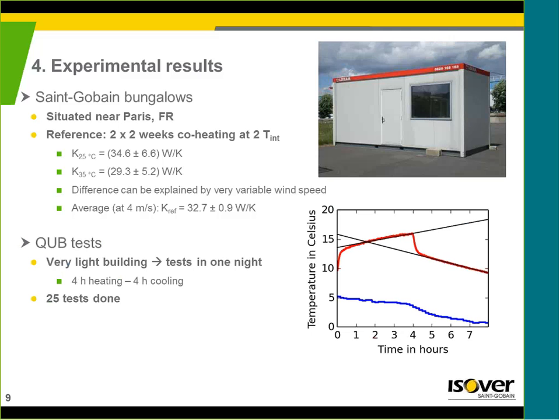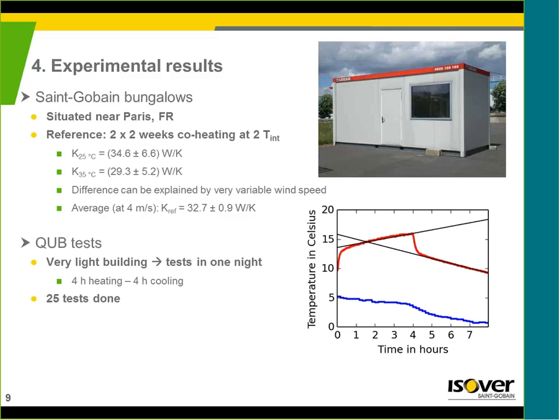You can see on the right, these are experimental results. I know the red curve might look a bit too nice, but it is an experimental result. So 4 hours heating, 4 hours cooling, you have 8 hours. The black lines, of course, are the calculation of the slope that we take for the analysis.